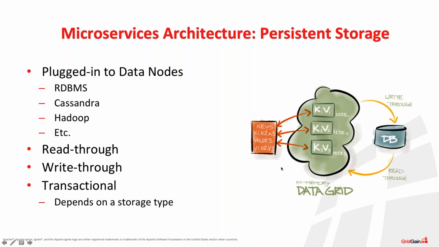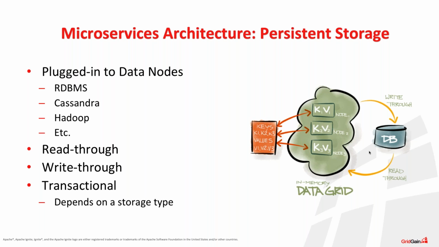As for the transactional support, if you execute distributed transactions over your data grid, all the updates will be transactional across your persistent storage and your data grid, only on condition that your persistent storage is transactional as well. Let's say you use MySQL, Postgres, or Oracle as a persistent storage.